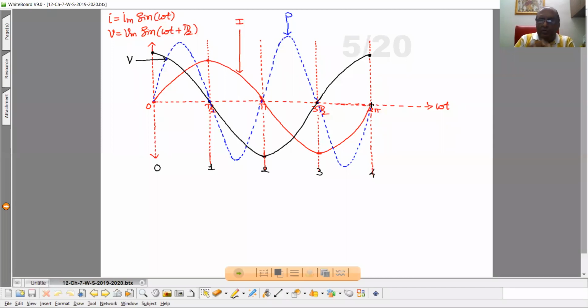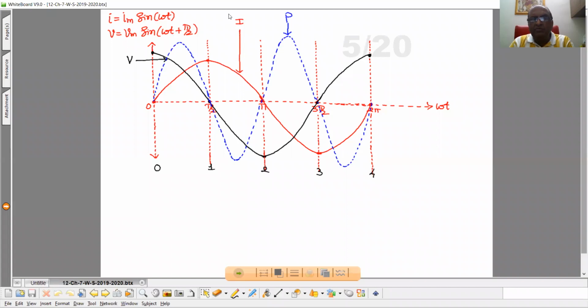And due to this particular reason, the average power comes to 0. So we can use an inductor in the circuit to control the current without loss of power. Okay.